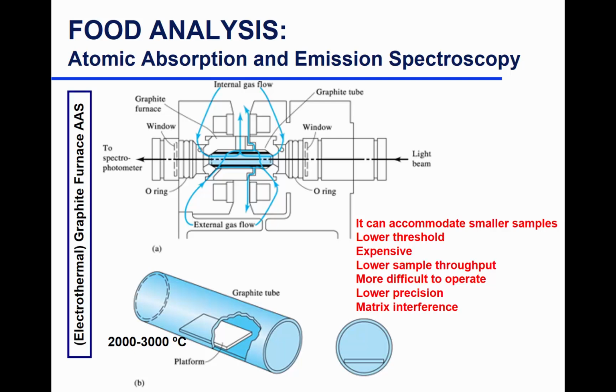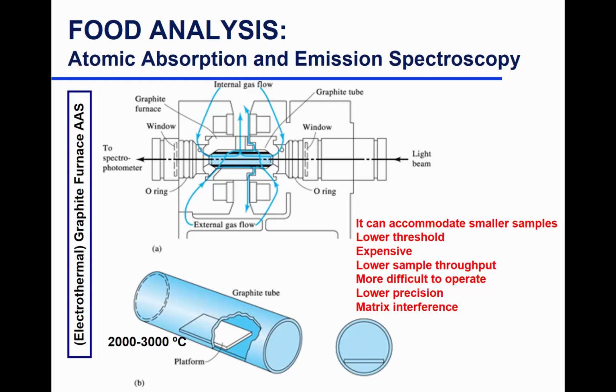So the graphite. When you have a graphite furnace, it's the same system except instead of the flame, you have a surface area, which you call the graphite tube, where the surface is heated. You have a platform that gets heated at really high temperatures.